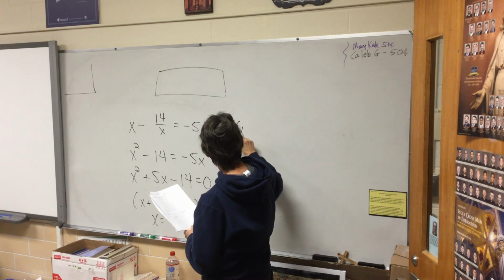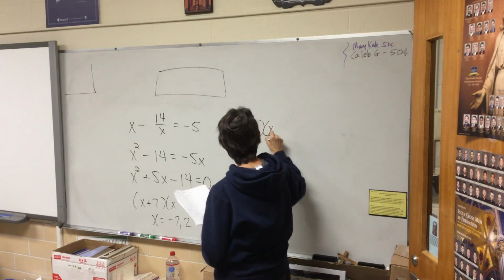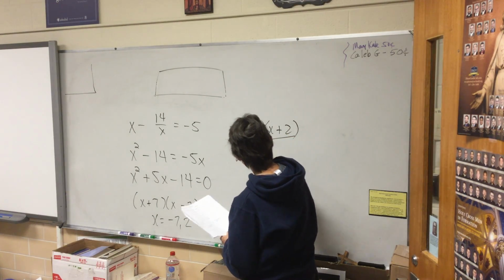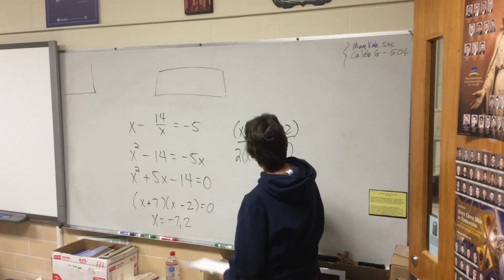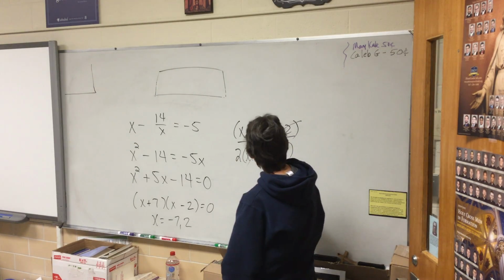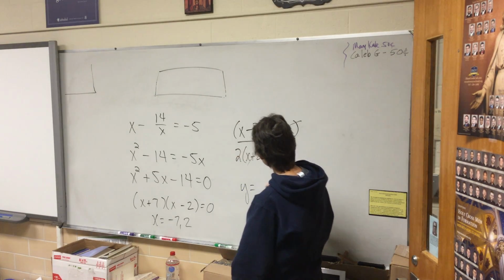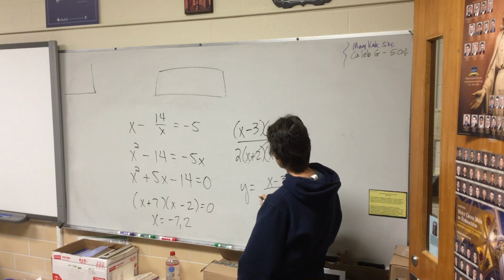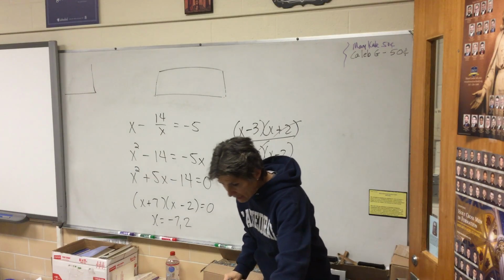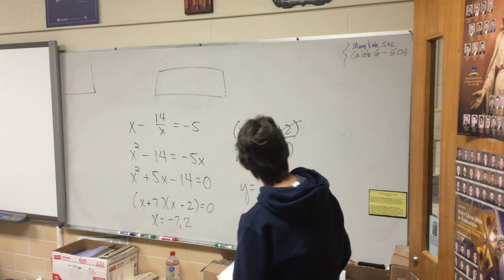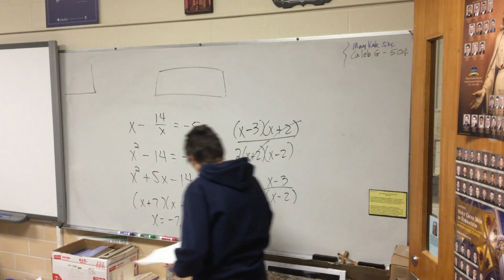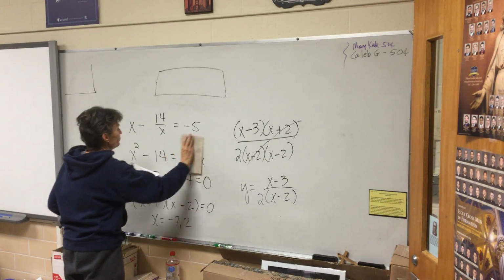I got x minus 3 and then x plus 2. And on the bottom, I took out a 2, and then I got x plus 2, x minus 2. Perfect. So you notice those canceled, and that left you with x minus 3 over 2 times x minus 2. And because you canceled that, you know your hole is going to be where x is negative 2.